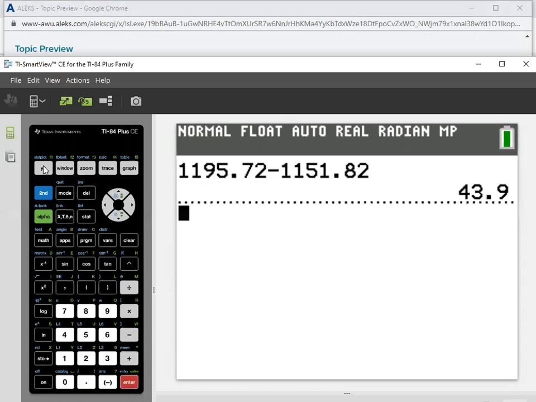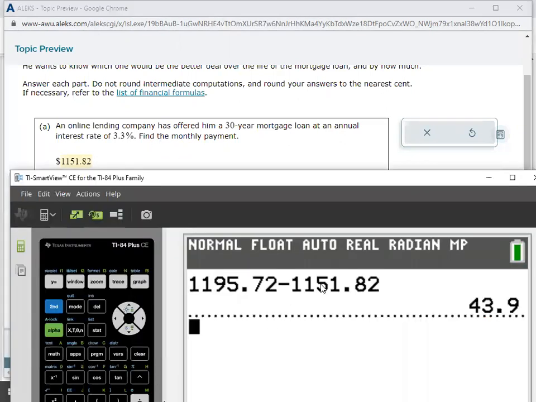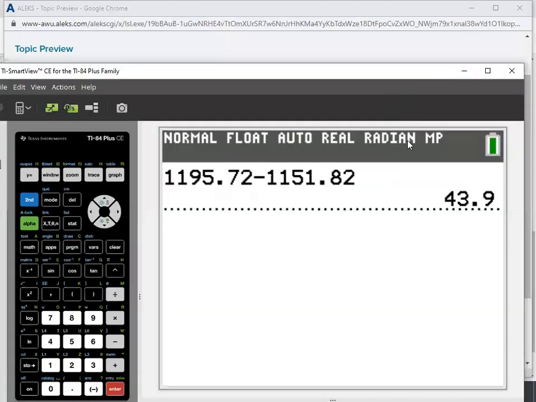So the difference is $43.90. I don't know why I had that. There we go. Yeah, $1,151.82, that is what it was supposed to be. So $43.90 every month.